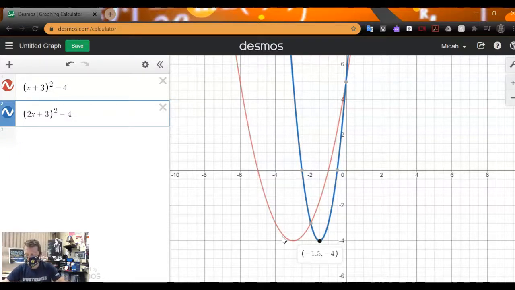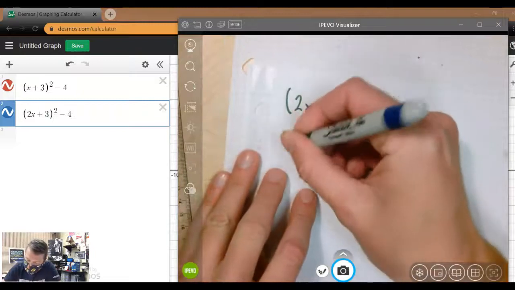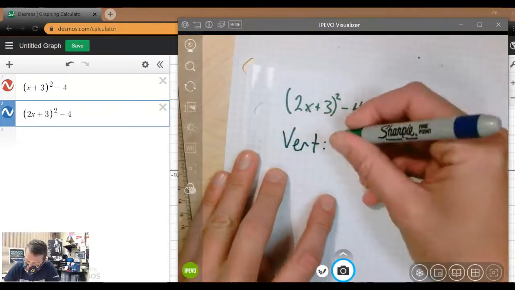So normally we would have said the opposite of h, right? So that's where we get -3. And then what k is, and that's where we get -4. But in this situation, I'm going to write down vertex on your paper.